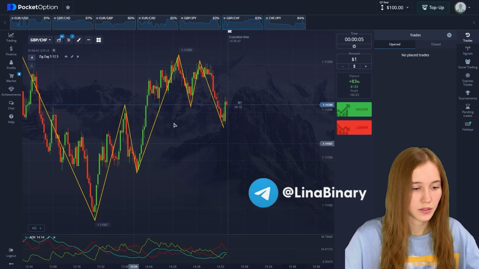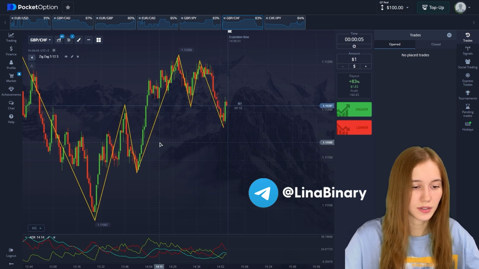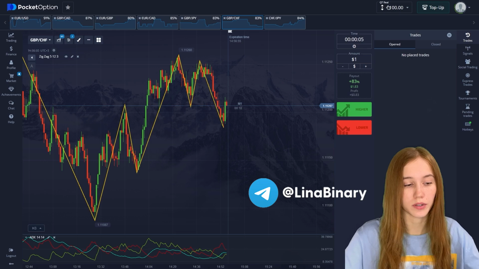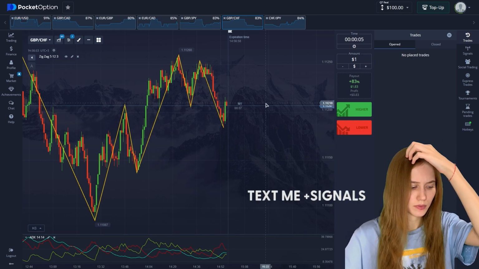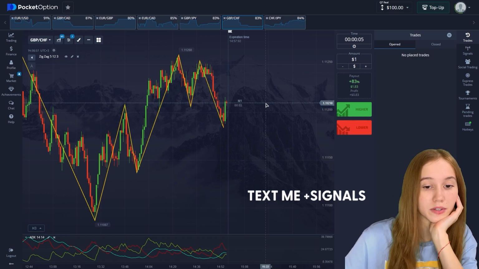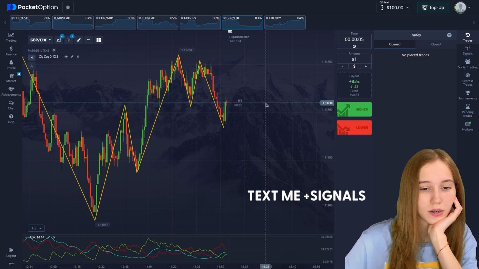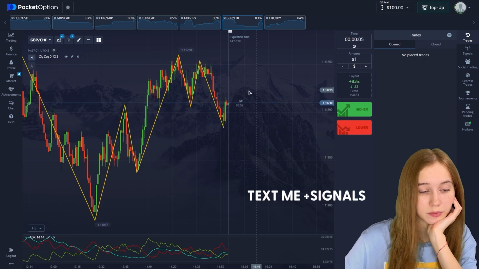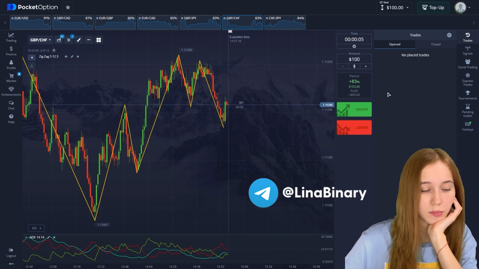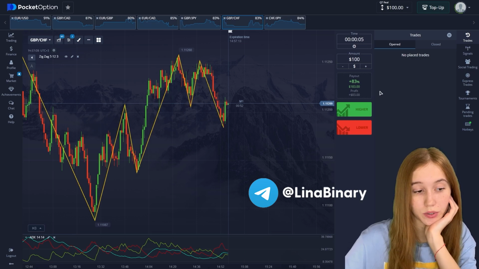So let's start on our workspace. First, we see today we'll trade with 100 dollars. We start with this sum, our starting balance. The amount of each deal will also be 100 dollars.